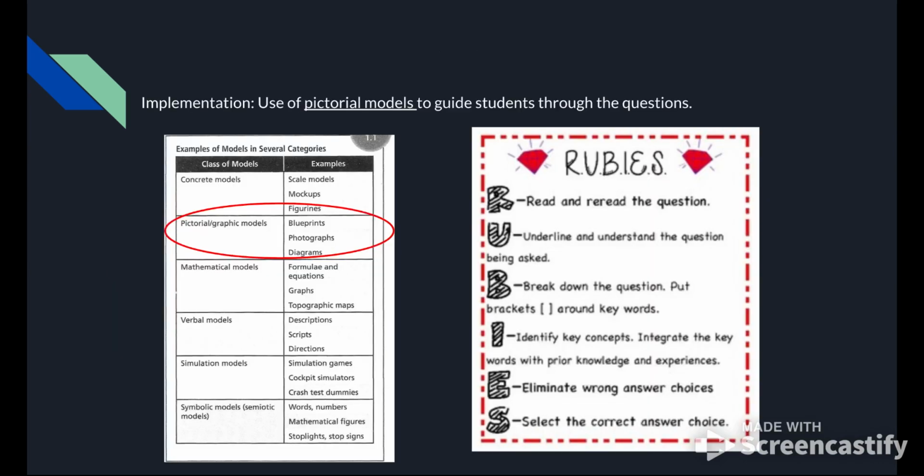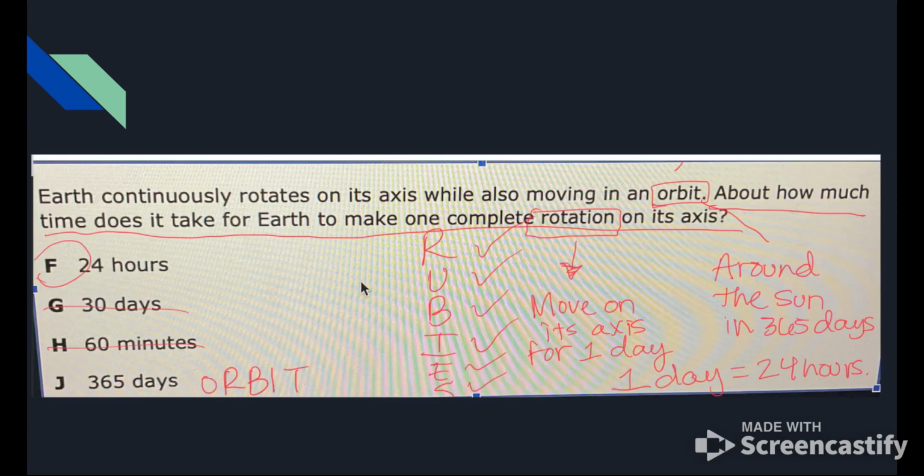So the way that I would model it is first by using something that I use in my classroom, and it's called RUBRIES, and I have this up on the walls, and these are the steps for just breaking down questions and figuring out what's the correct answer. So here is an example of the question, and this is how I would model it.